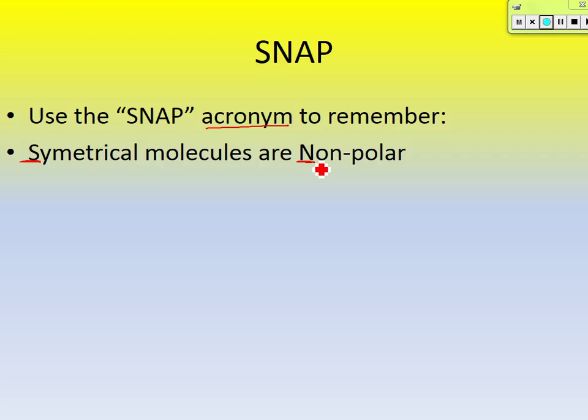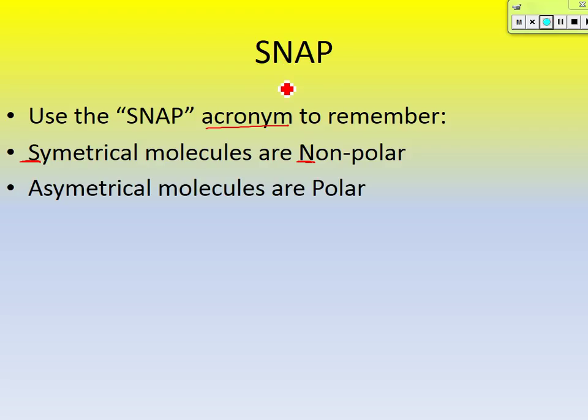So in SNAP, the S means what? Symmetrical. The N is nonpolar. However, if the molecule is asymmetrical, it will be polar. And so this A in SNAP stands for what? Asymmetrical. And the P for polar.